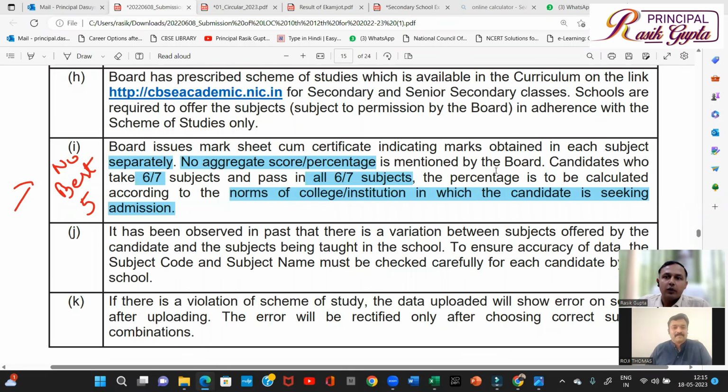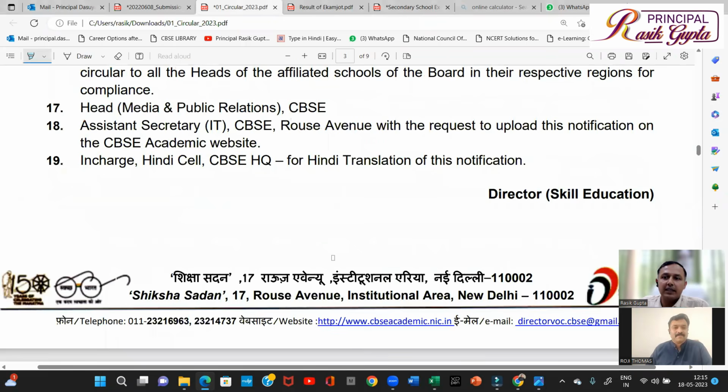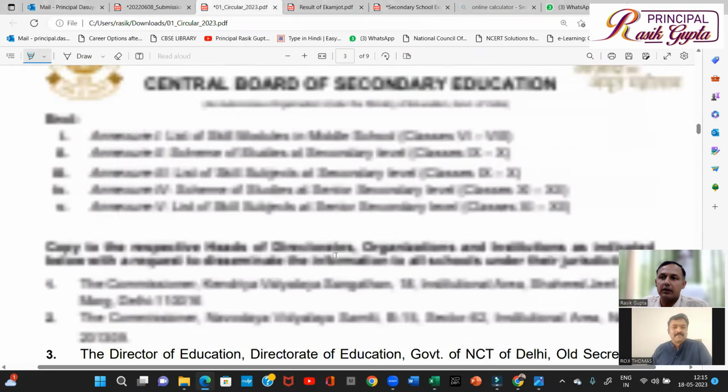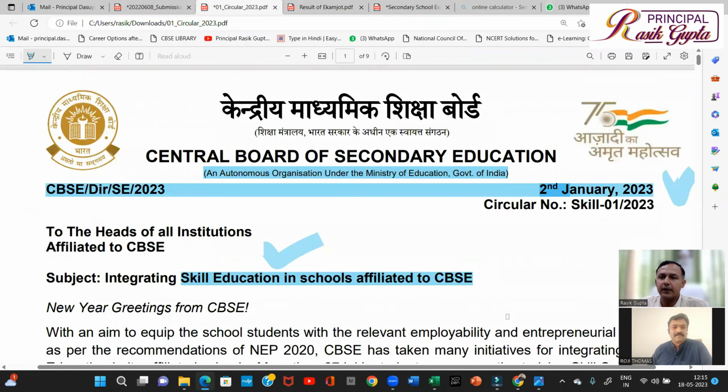So now we will go to this one more important circular, which has been issued recently by CBSE. I'll first show you the date of the circular. It has been issued on 2nd of January. Here is the date, 2nd of January 2023, in this year itself.